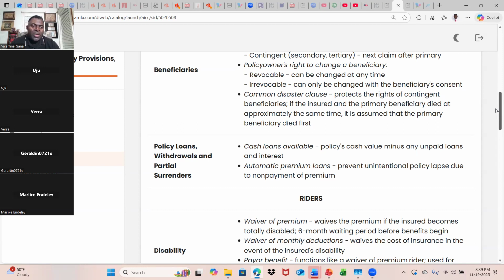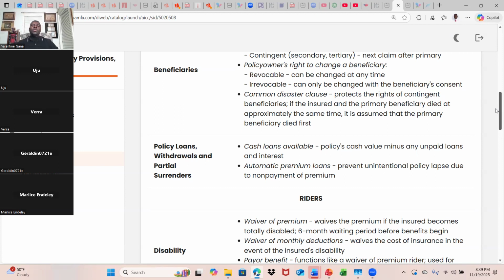So if you're a man who owns a lot of buildings, you have a 20-floor building downtown that brings in revenue of about $20 million a year, and you make one of your daughters the irrevocable beneficiary, there's no way you can assign that building to somebody else unless that daughter gives you written permission.